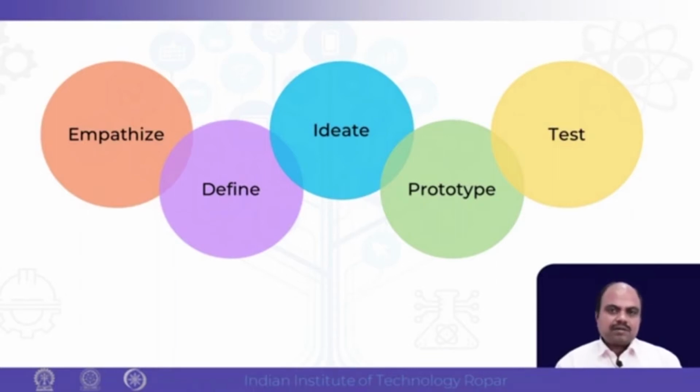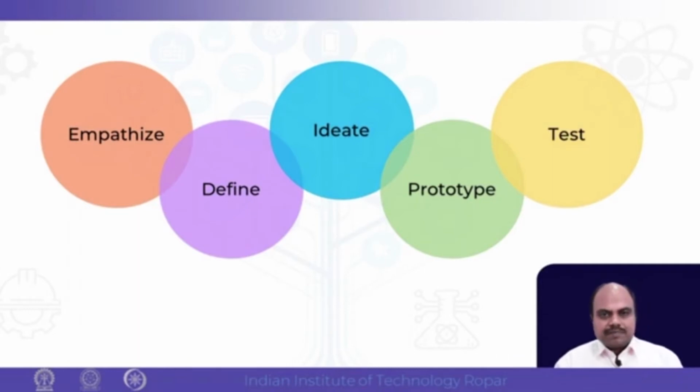The fifth step of design thinking is testing, where we take the prototype, put it in front of the customer and see the reaction, or we take the prototype and put it in as a solution for the system, and we see how it is functioning. If not, we have to take this back and go through the cycle again.